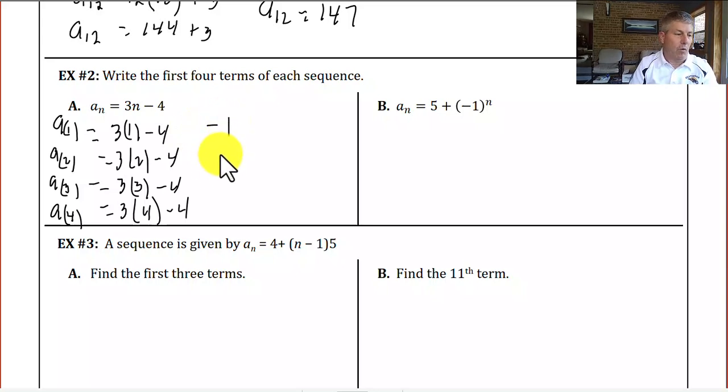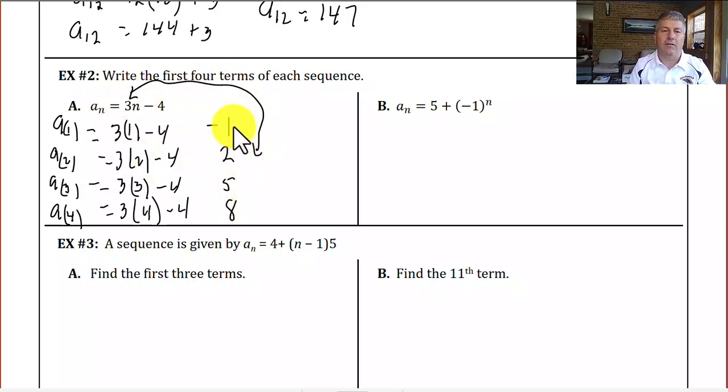So negative 1, 2, 5, and 8. And if you notice that each of these are 3 apart, well, that 3 and that 3, those are not a coincidence. That's our common difference between those terms. And we'll talk about that when we talk more about arithmetic sequences.